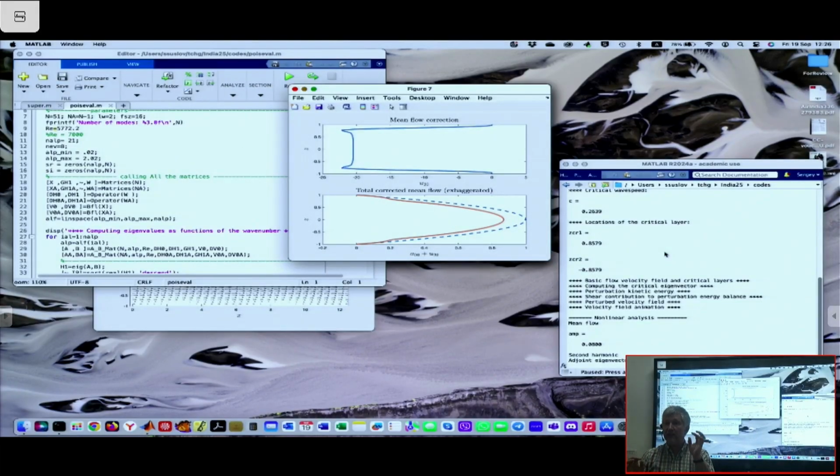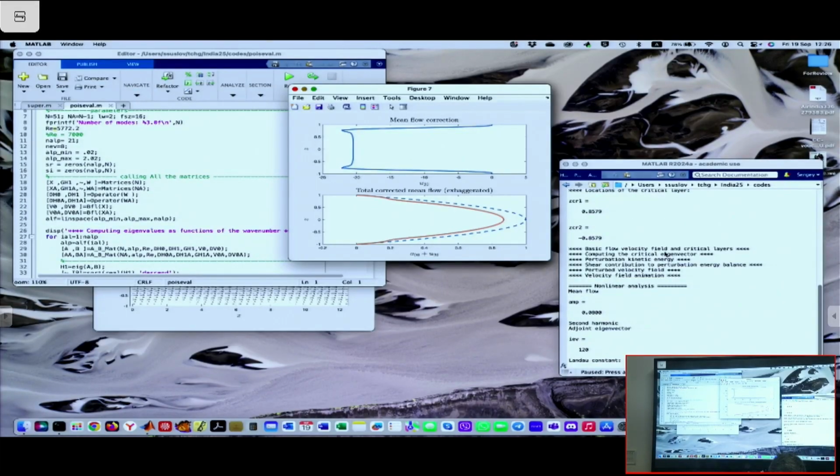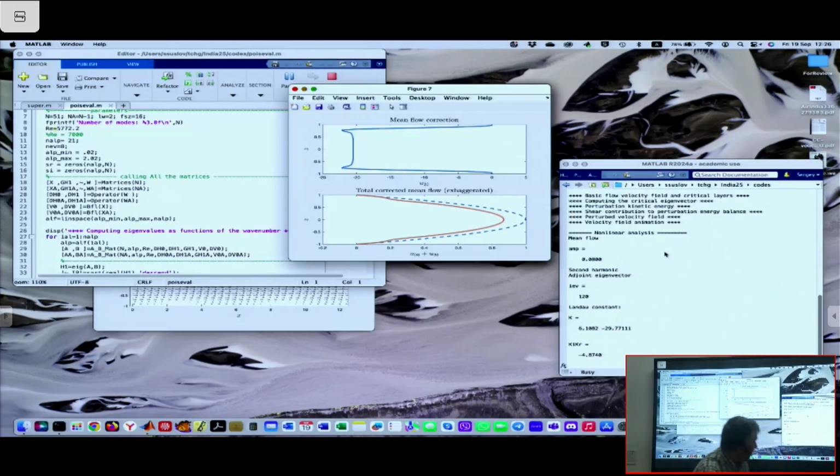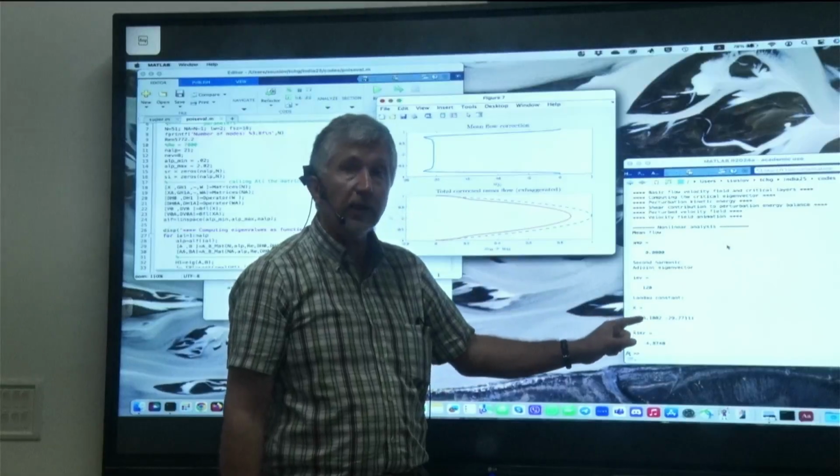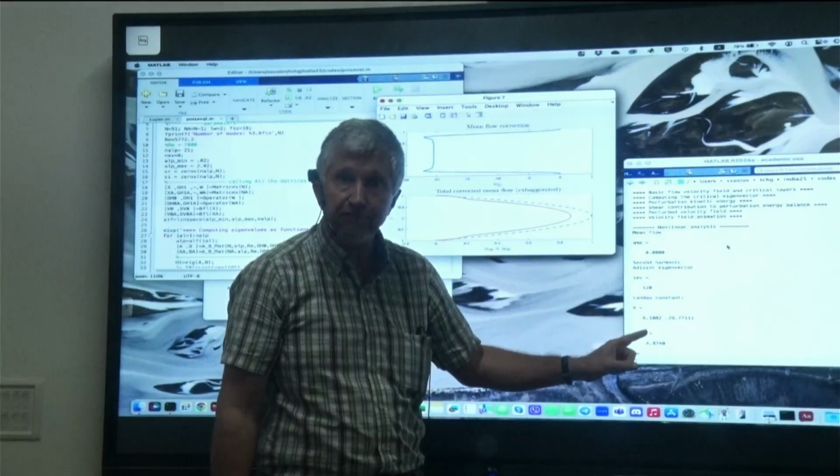I found this W dagger, and now I'm in a position to define the Landau constant. Again, you cannot see it from where you are, but if you run the code, you will see that it actually evaluated the Landau constant, and it is printed out here.